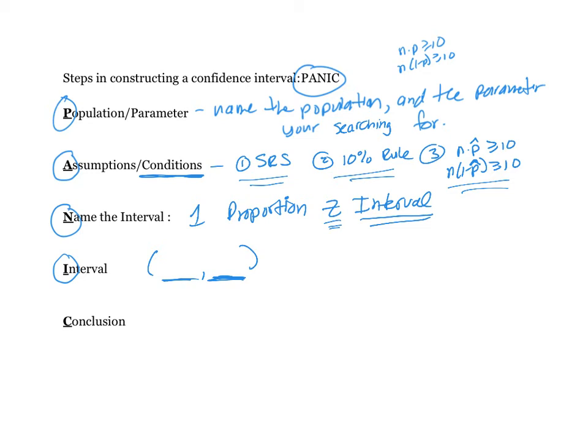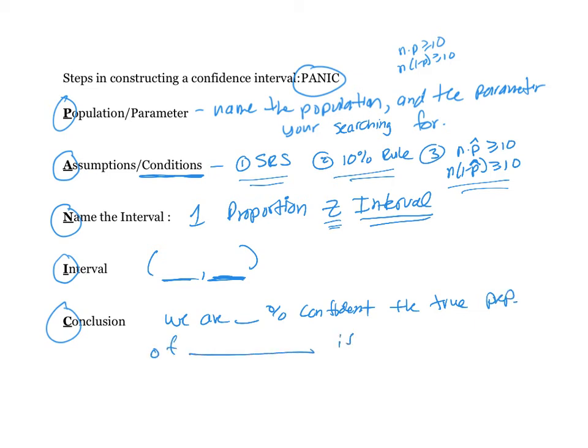Okay? And then the conclusion at the end, this is where you say, we are blank percent confident the true proportion of blank is between blank and blank, which we learned before. Okay?